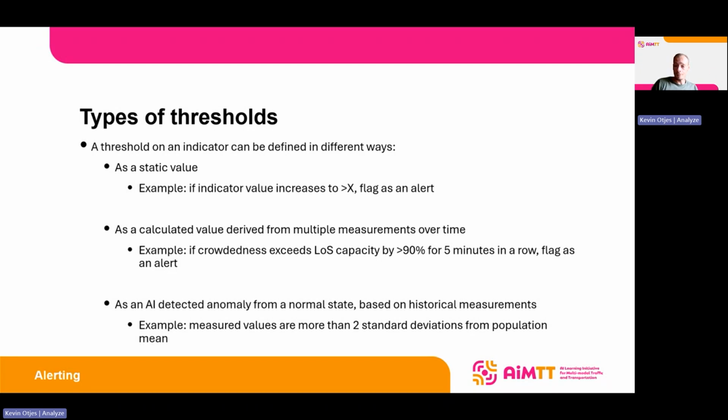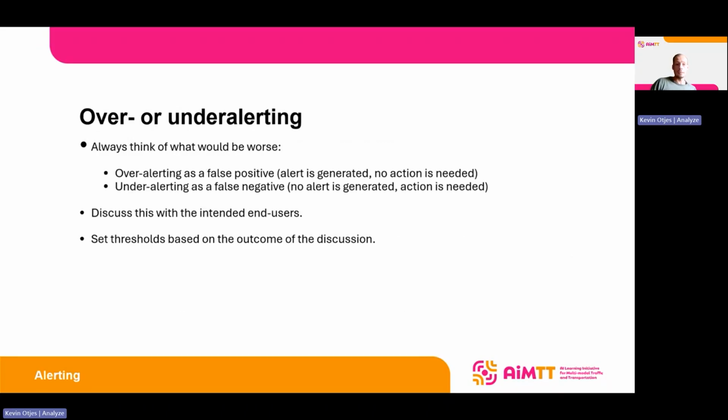So always think of what kind of threshold would be applicable, and it's always a question of creating a threshold in a way that what you're actually delivering is relevant. And at that point, the over and under alerting comes in.